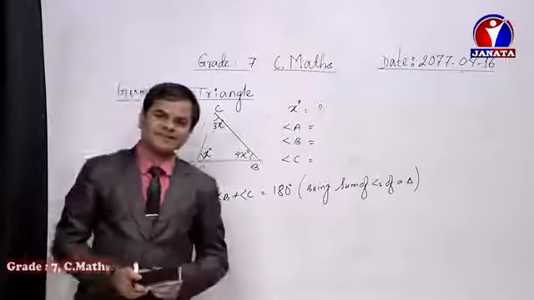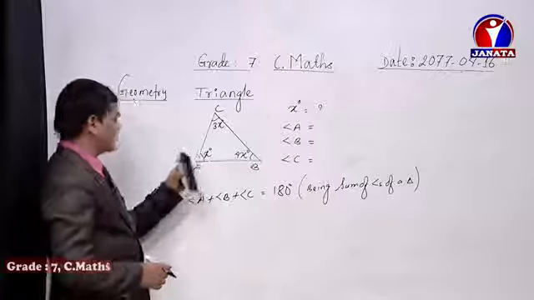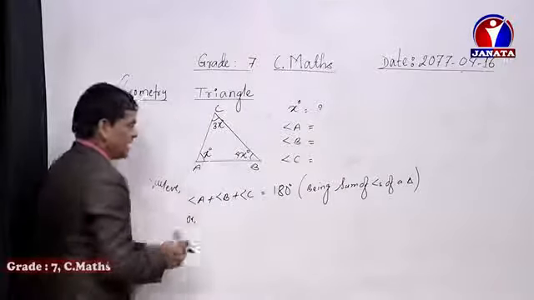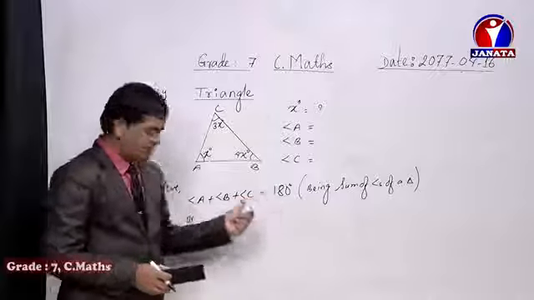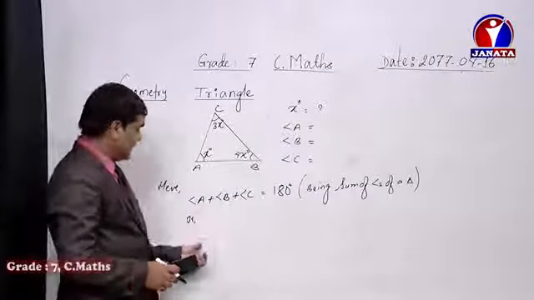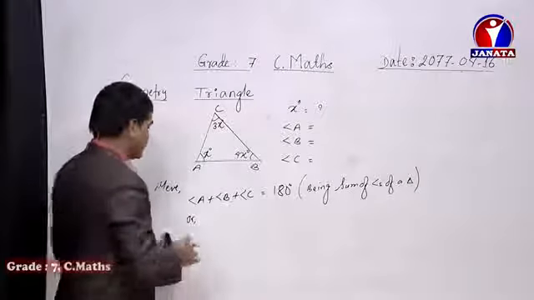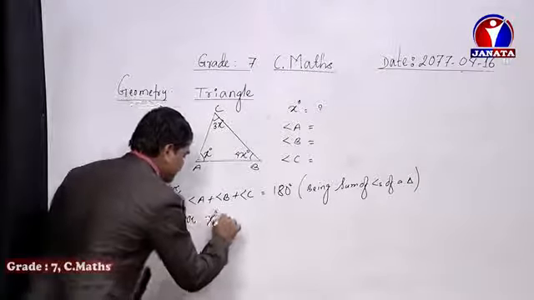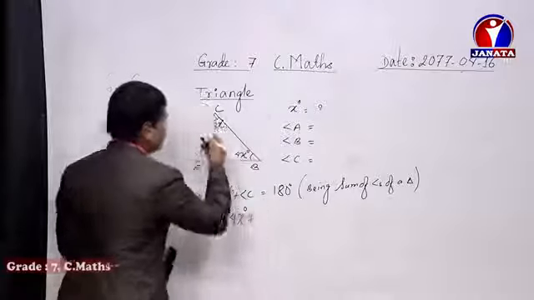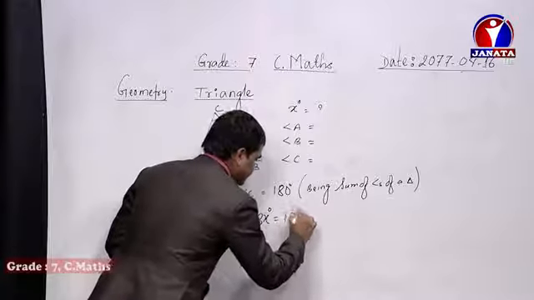Now in the place of A, what is given? X. As we are using the equal sign in the middle, after the first statement we need to write the second and third statements gradually, isn't it? So x degree plus angle B, which is given as 4x degree, so 4x degree, plus angle C, which is given as 3x degree, so 3x degree equals 180 degree.